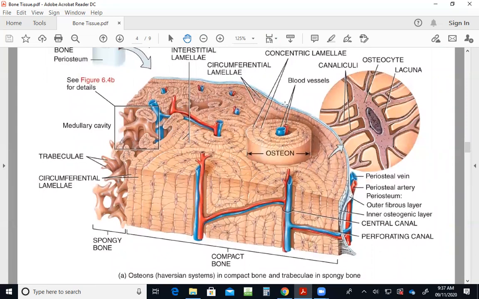Now, in this image, everything that is already capitalized for you will be fair game for the exam. So highlight those now, star them, underline them, whatever you need to do. Don't forget osteon, which I hate that it's labeled in the picture, but whatever.